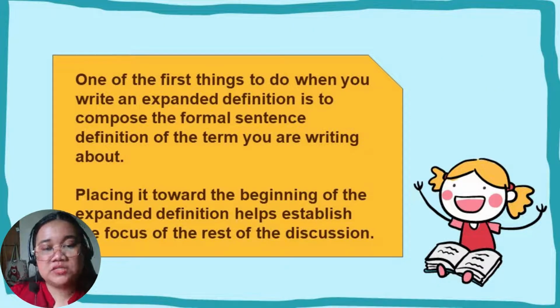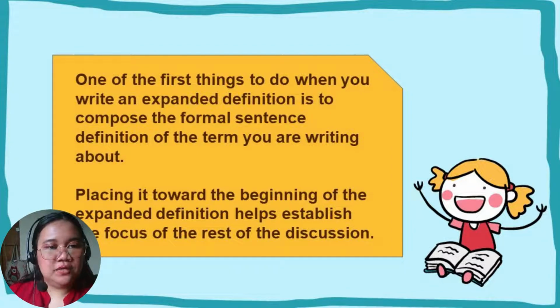So one of the first things to do when you write an expanded definition is to compose the formal sentence definition of the term you are writing about. Placing it toward the beginning of the expanded definition helps establish the focus of the rest of the discussion.